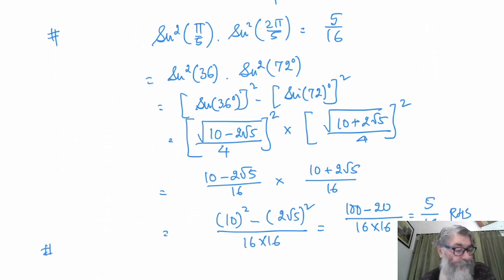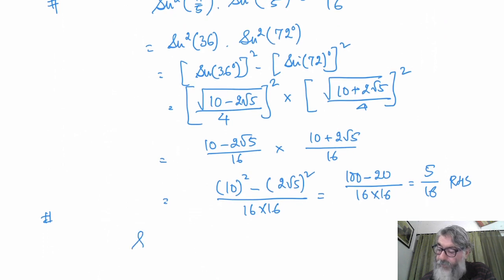Sine 12 degree, sine 48 degree, sine 54 degree is equal to 1 upon 8.